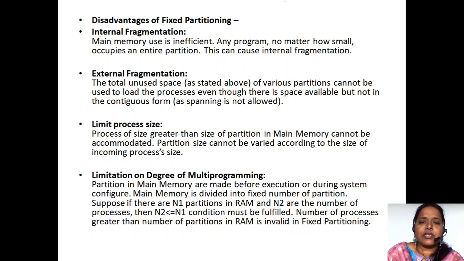And limitation on degree of multiprogramming. As I have told you before, degree of multiprogramming means the number of processes kept in main memory, and it is reduced. Why? Because the memory partitions are fixed. We can't increase or decrease the number of partitions. Why?